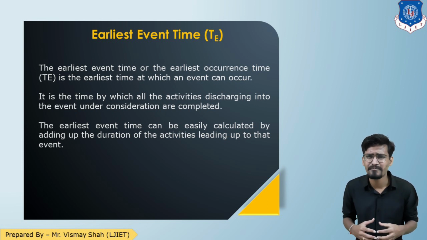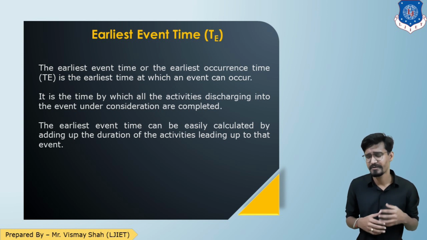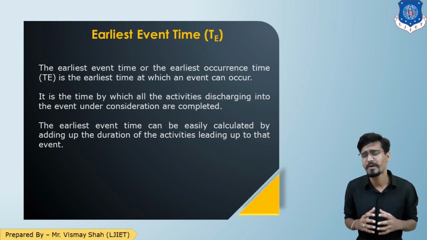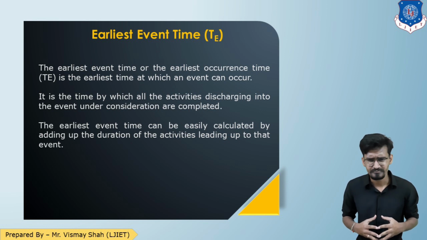It is the time by which all the activities discharging into an event under consideration are completed. The earliest event time can be calculated by adding up the durations of the leading activities of that event. For example, if I want to calculate for an event, I need to see how many activities are completed before the occurrence of that event. All right, so I can have the TE.